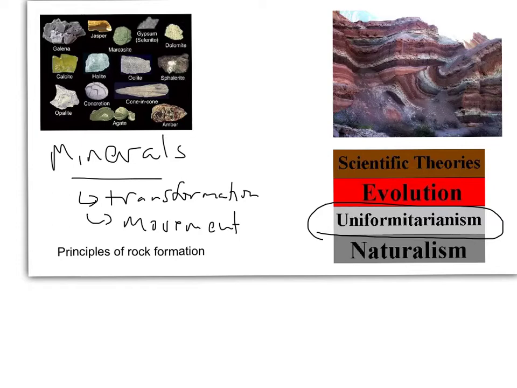Now we know that there are every now and then catastrophic events. So there is some balance between catastrophism and uniformitarianism, but generally speaking, we understand the history of geological processes by looking at the geological processes we can see going on today. Things like eruptions and crystallization of magma into rocks, and the slow weathering of rocks, and the accumulation of sediments to produce sedimentary rock, and so forth.